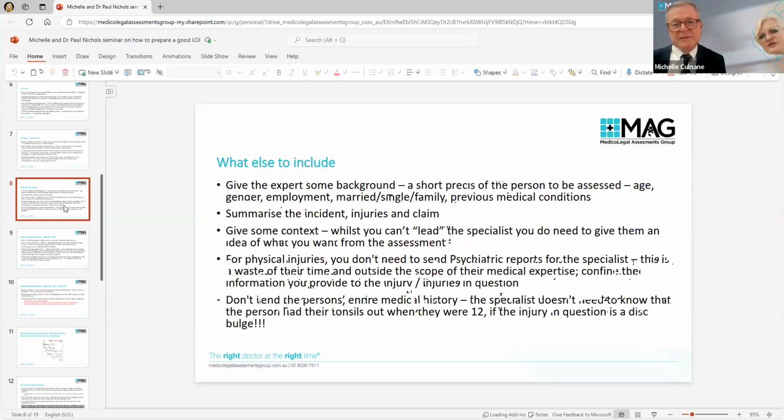I'll never forget seeing a bundle of documents provided for a psychiatric assessment, and in the bundle of documents, which was almost a milk crate worth, there were 10 pages devoted to when the claimant, who was a man, had attended at the hospital with his wife to give birth, and she had laboured for 2 days before finally having a forceps delivery of a healthy baby. And that child, of course, was now in their teens, and that was included for the psychiatrist for this man, that 14 years ago his wife had a baby. Not relevant.